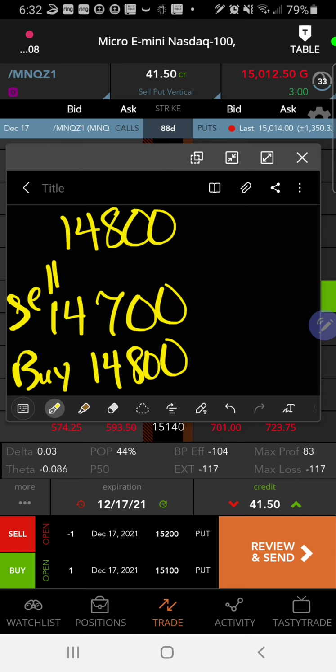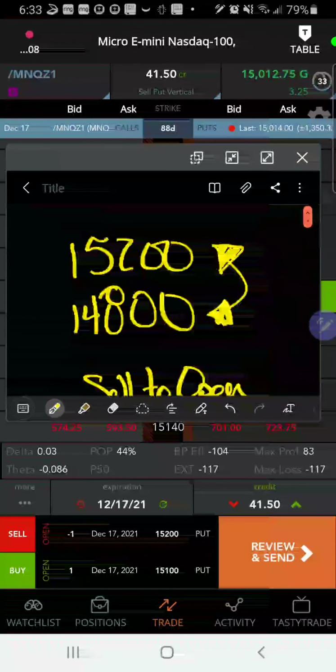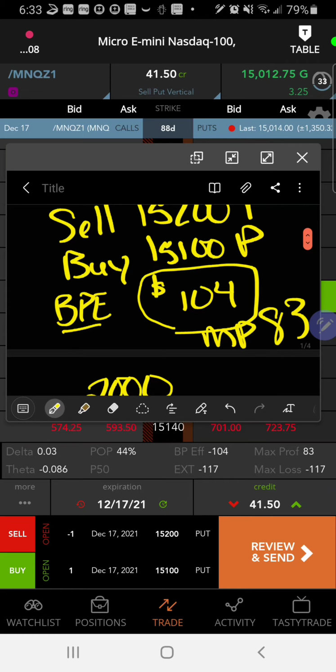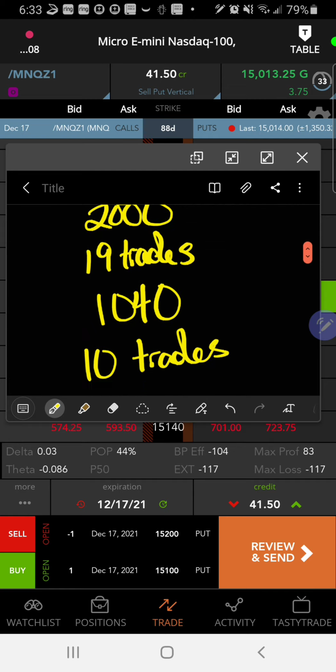I'm adding different strikes because these are getting similar financial terms as far as your buying power effect, your maximum profit, and your max loss, as this other trade that is getting demolished right now. So you may want to try it out one day instead of just adding to the same trade over and over and over again.